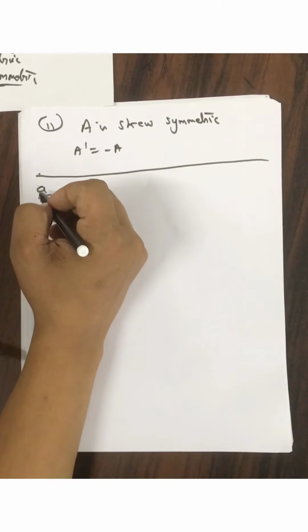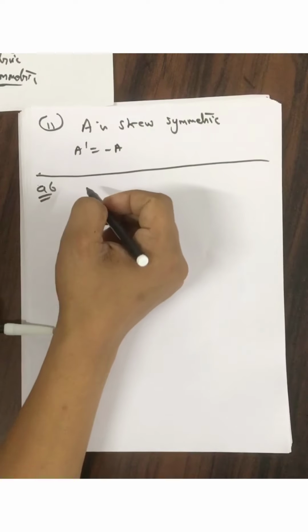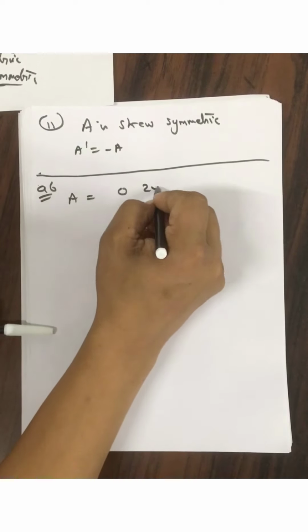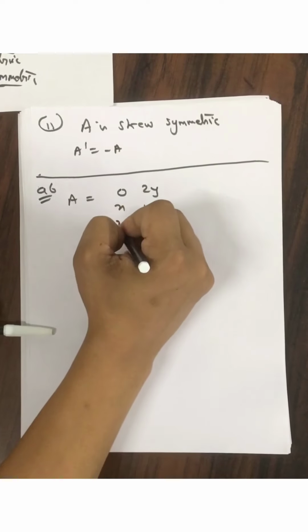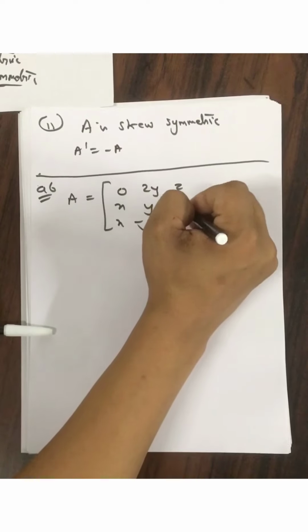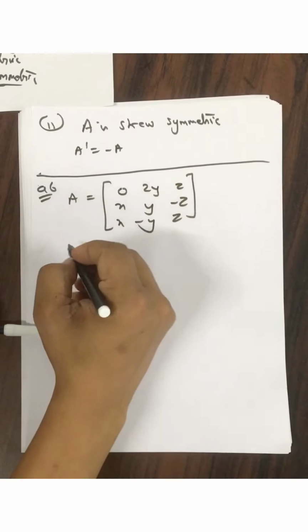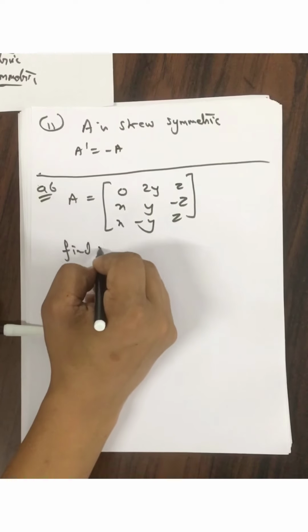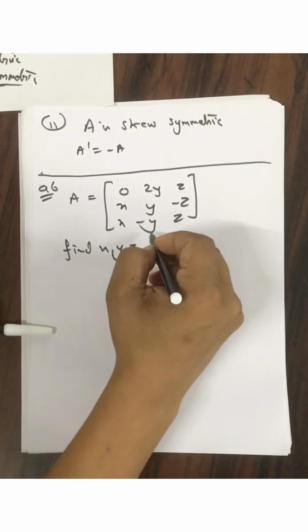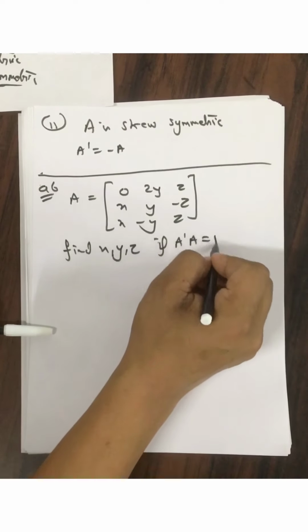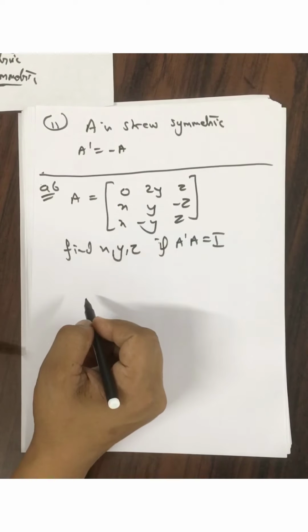Now question number 6. A is given as the matrix with rows 0, 2y, z; x, y, minus z; x, minus y, z. Find x, y, z if A dash A equals I. This is given.